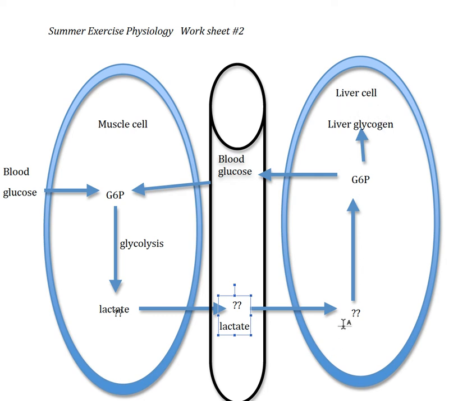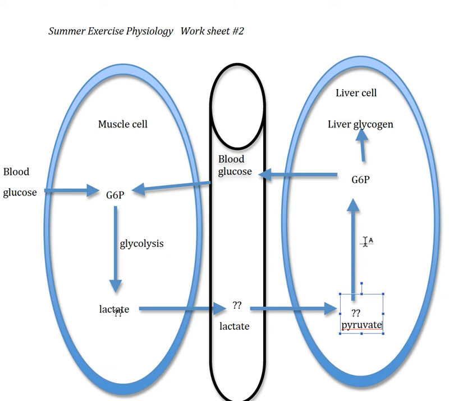The liver cell will change this lactate back into pyruvate. And pyruvate, or lactate actually, are used as gluconeogenic precursors.